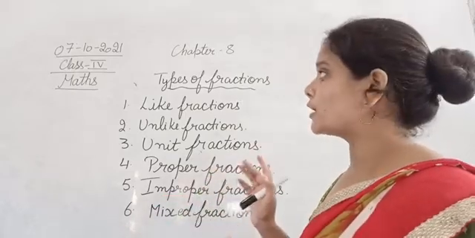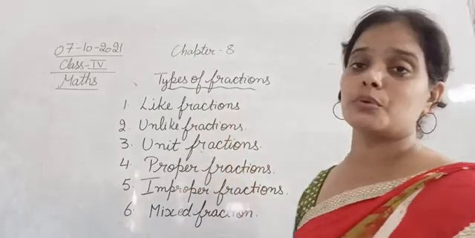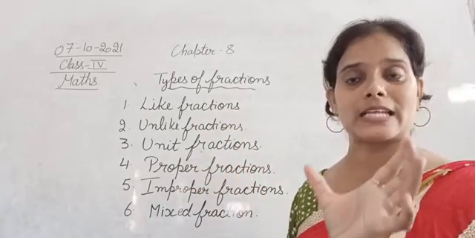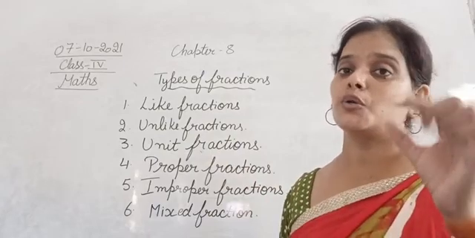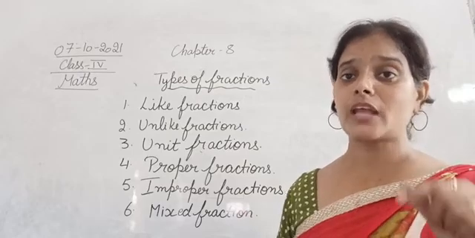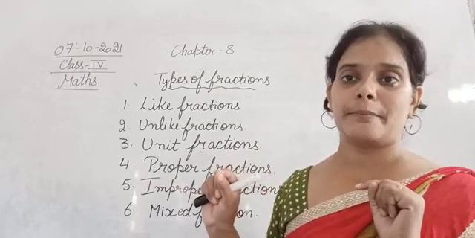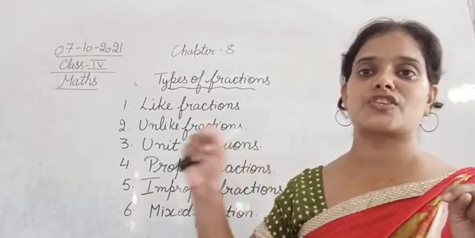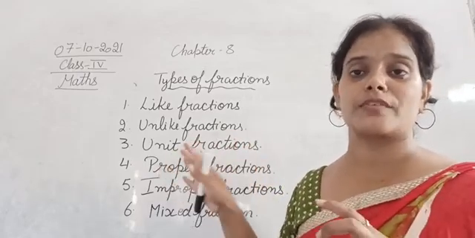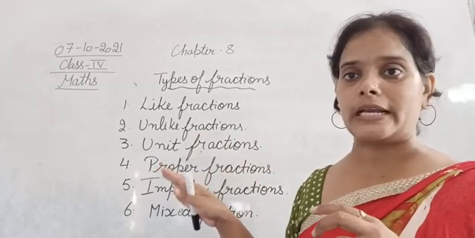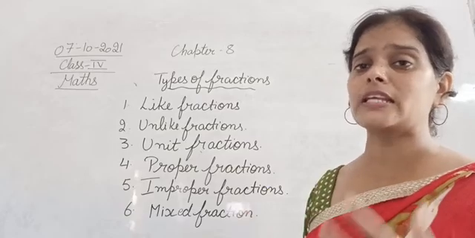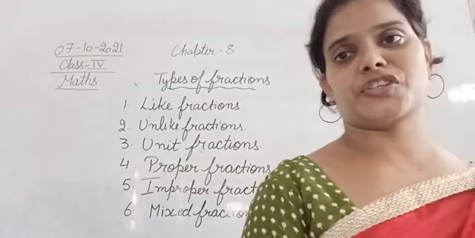What you have to do is, after exercise 8.4, write the topic, that is types of fractions, and after that write the name of all the fractions, with each fraction's example, why this fraction is what it is, and what the various examples of such fractions are. Clear? Just write it down in your notebooks, and in detail I'll explain it in the next session.